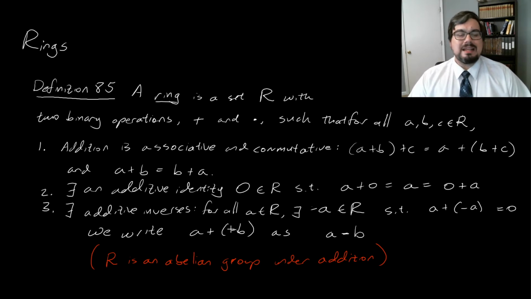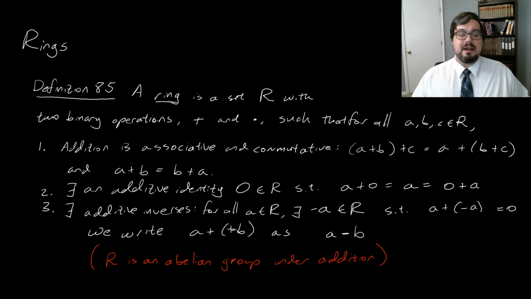So one can think of rings as being built up from abelian groups by starting with such an abelian group and then defining some sort of multiplication on it. It's going to turn out that the set of integers is a ring under the standard addition and multiplication. We've already studied the integers as a group under addition extensively.